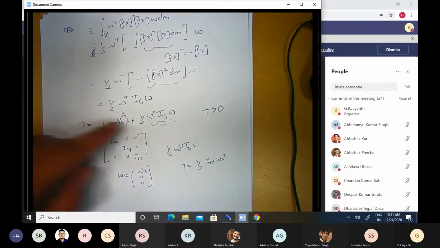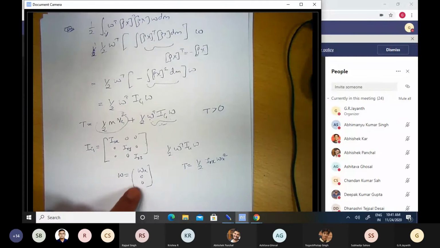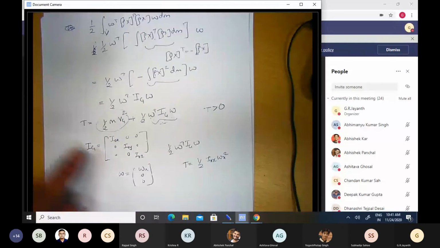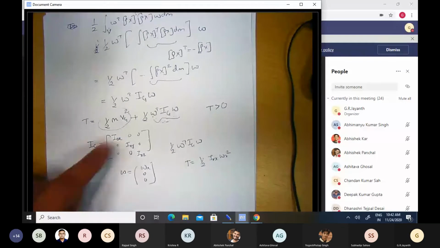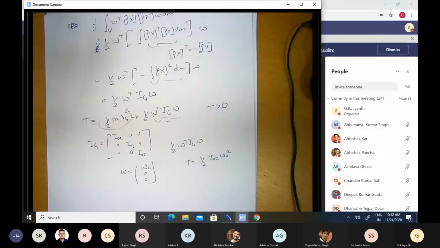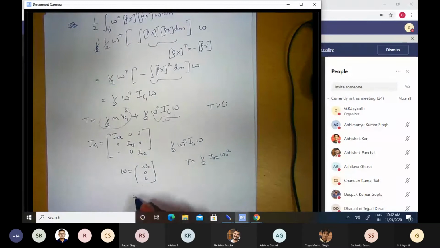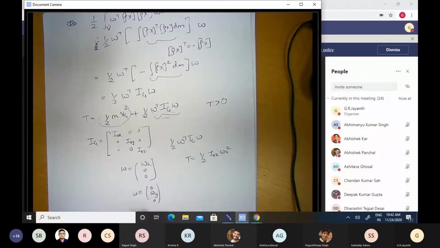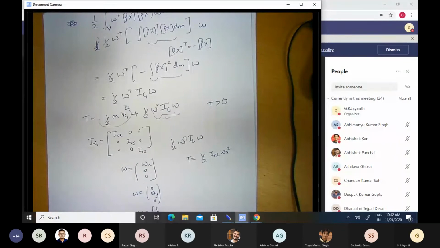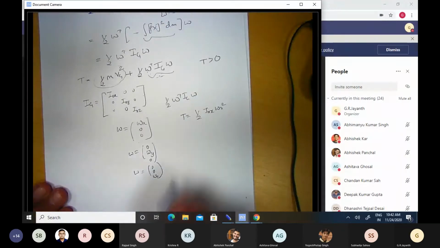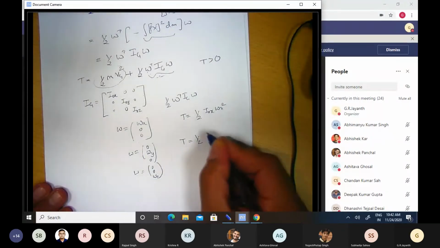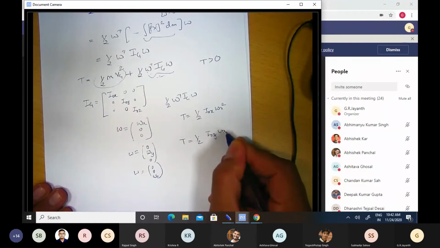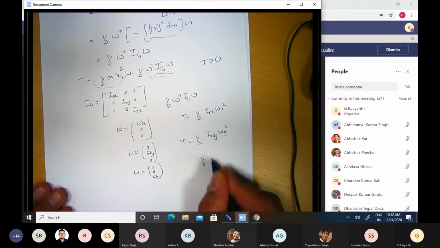You just can do that math. Very simple, because omega has a simple structure and Ig also has a simple structure. If you simply multiply and obtain the expression, you will get half I0x omega x square. Likewise, if omega were aligned only along the y-axis or only along the z-axis in the principal coordinates, the corresponding kinetic energies will have only the I0y term or the I0z term.